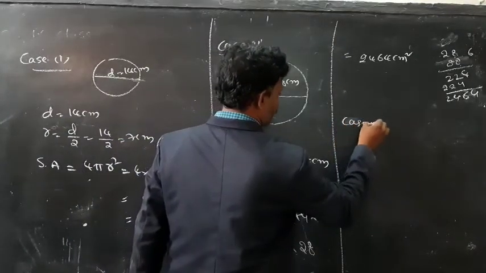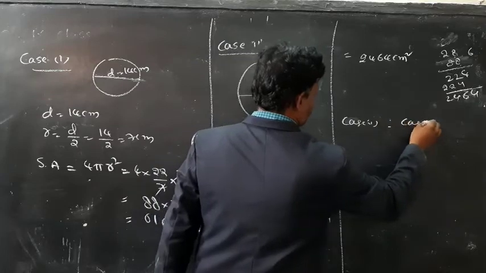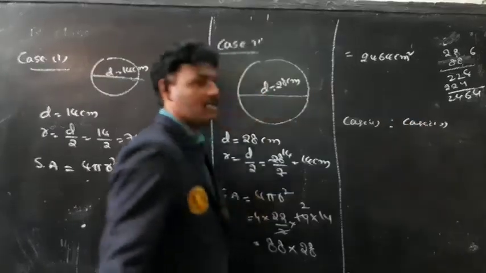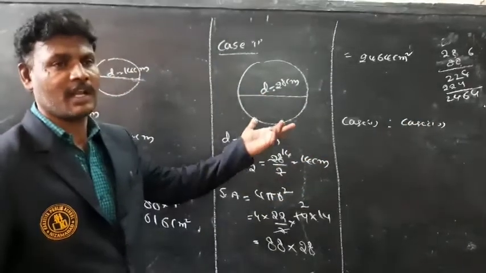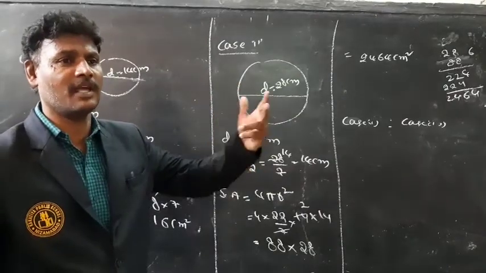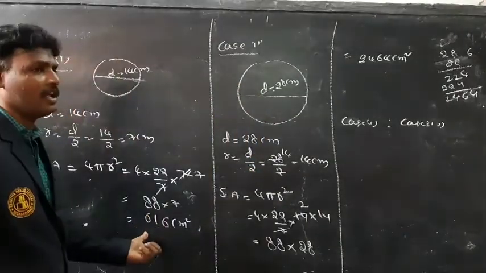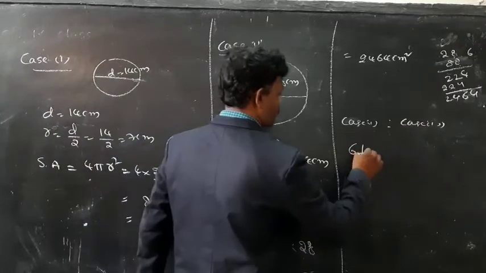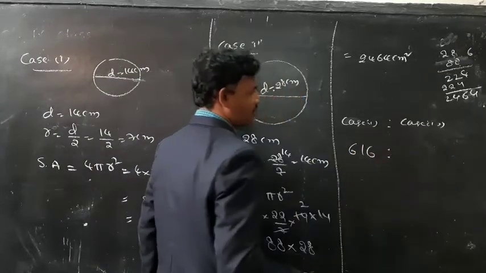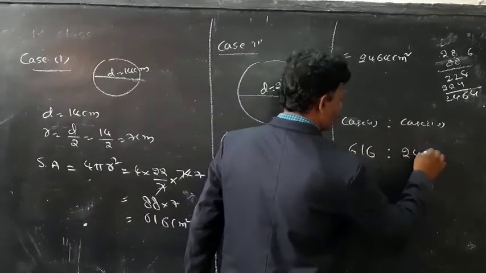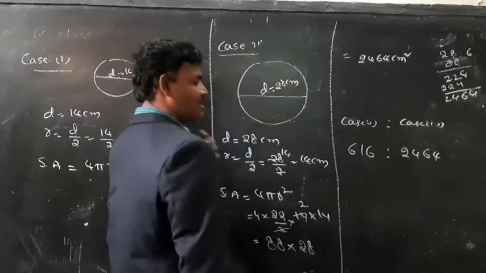Case 1, case 2. It means surface area from case 1 and also surface area from case 2. So what is surface area here? 616 to 2464. Calculations.